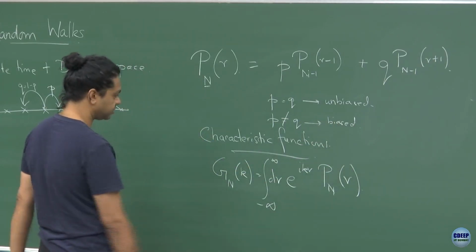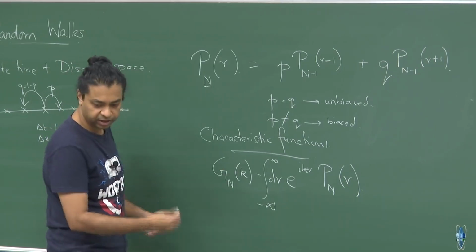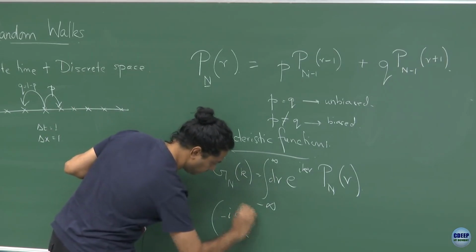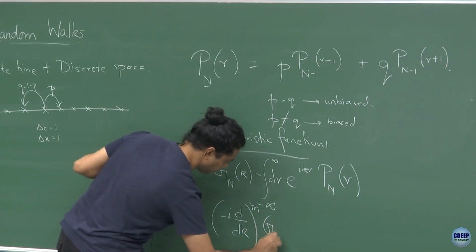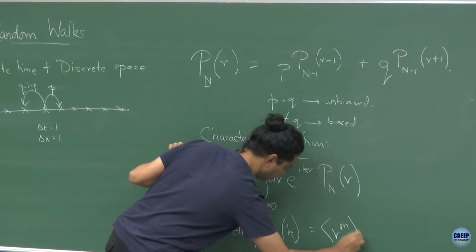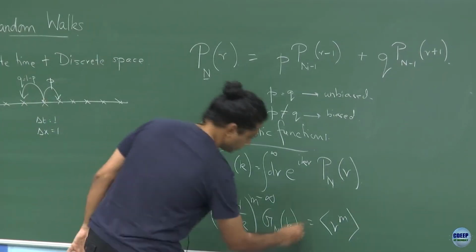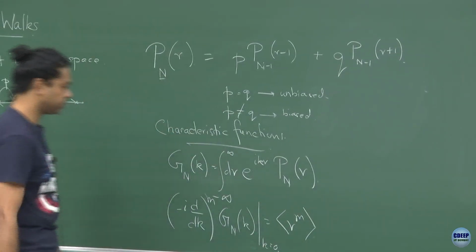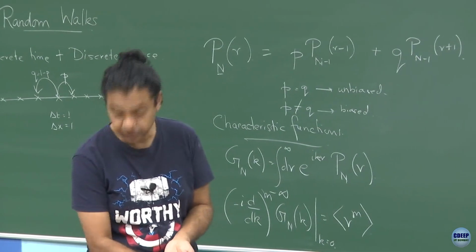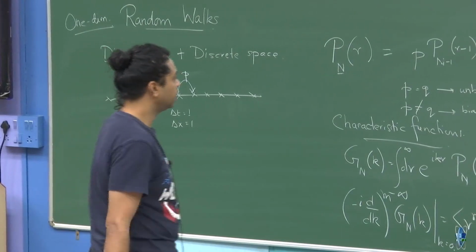In general, if I want the mth moment, I look at the mth derivative of g_n of k, evaluated at k equals 0, and that gives me the average of r to the power of m. So the characteristic function generates the moments, and knowing the moments allows us to reconstruct the probability distribution.